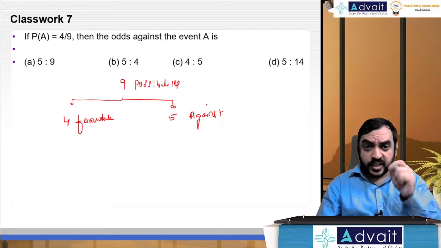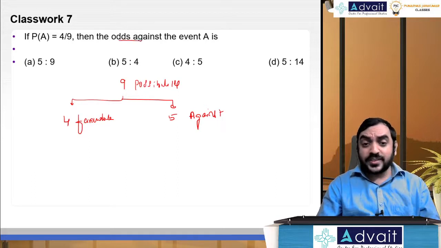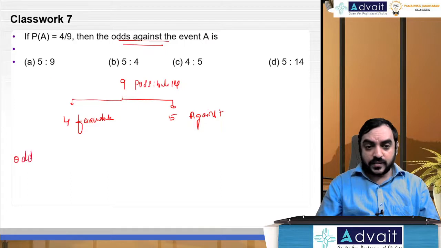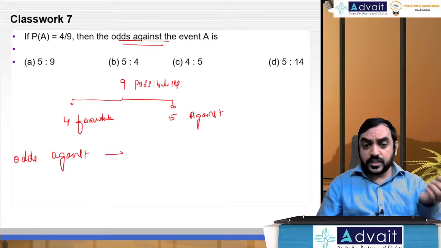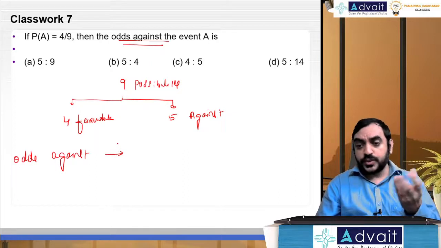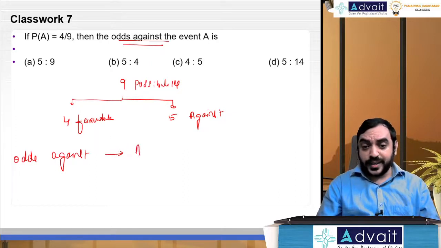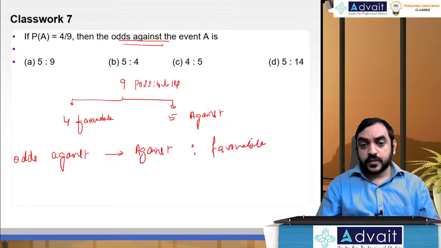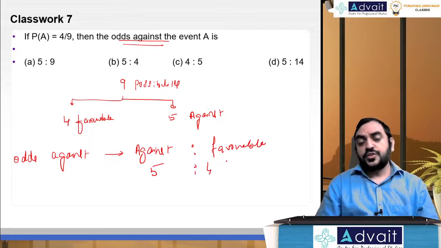Now in this case, they want odds against event A. So when it is odds against, the first number you express in ratio terms should be against, then the second one should be favorable. So against is 5, favorable is 4, so 5:4.